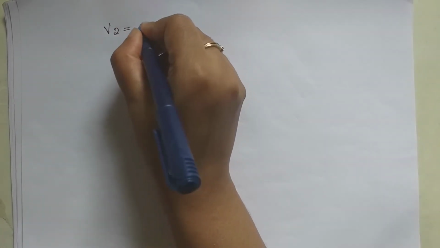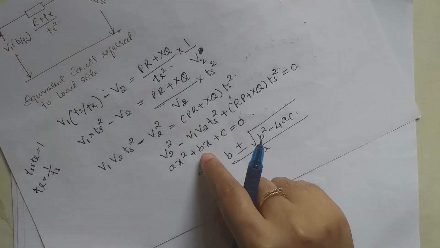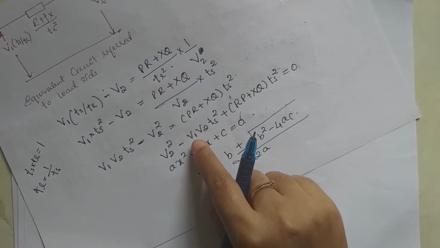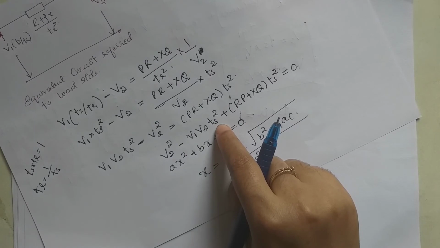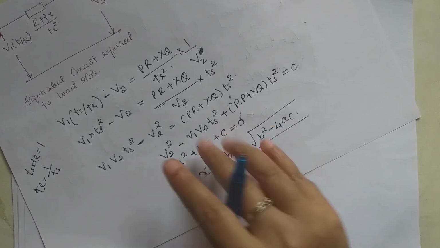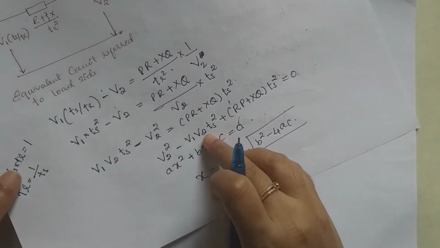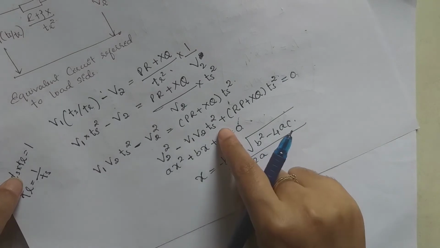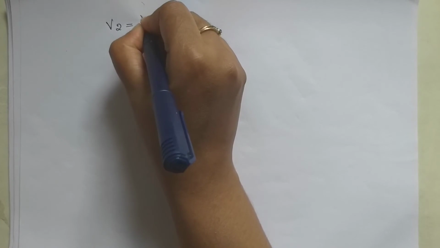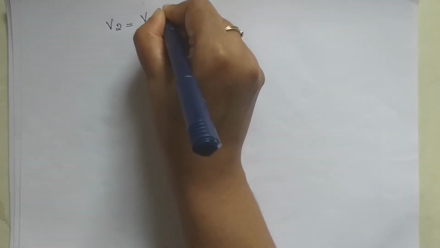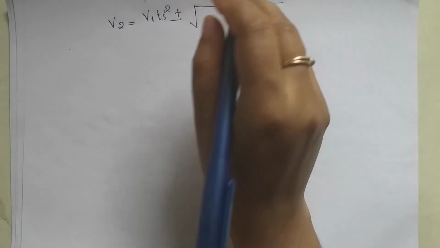What is B? The coefficient of V2 is minus V1 into Ts square, so minus B, minus of minus, it would be plus V1 Ts square, plus or minus the square root of B square.